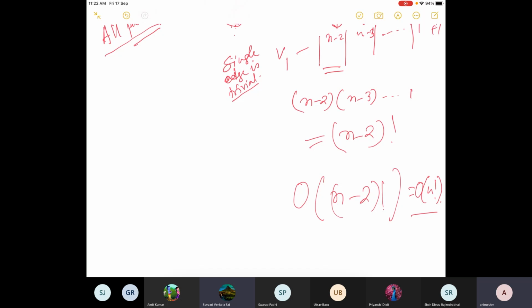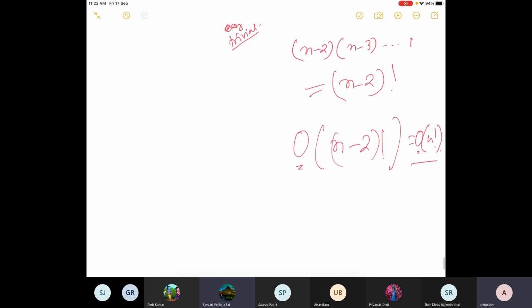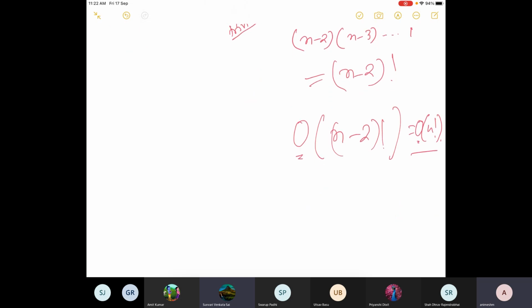So how can both orders be the same? It's not the same. What is the definition of order? Sir, n factorial is n square times more than (n minus 2) factorial, so it is not in order n square. Okay, sir.